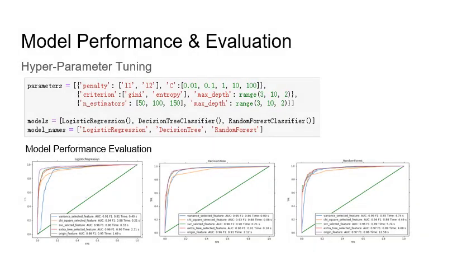In the model performances and evaluation step, we define some parameters for the grid search, which is trying to find the best parameters of each model. And we create the logistic regression, decision tree classifier, and random forest classifier to compare the performances of the models.